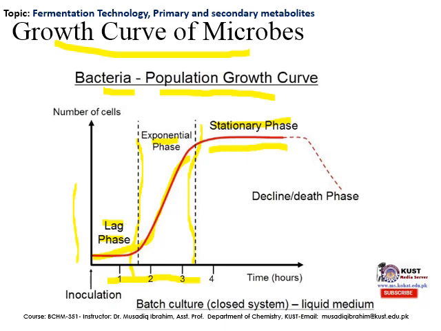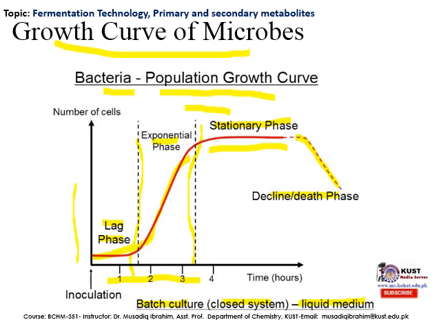And then you have the death or decline phase. So here you can see that with the passage of time, the cell decay starts, and eventually the cells are dead. So this population growth curve is for the batch culture in a closed system of the fermentation, along with the liquid medium which is provided as a nutrient for the microbes.